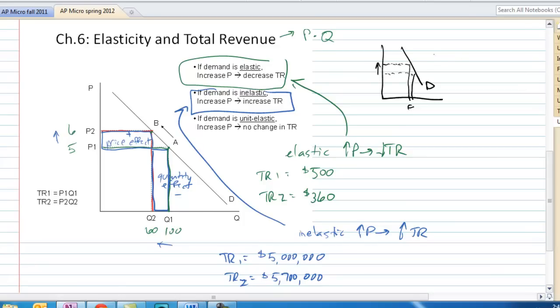So a steep demand curve shows generally inelastic demand. We'll see it's a little bit more complicated than that in the next lesson. But since that's the case, what we're getting here is a positive price effect that's very large, and the negative quantity effect being pretty small.